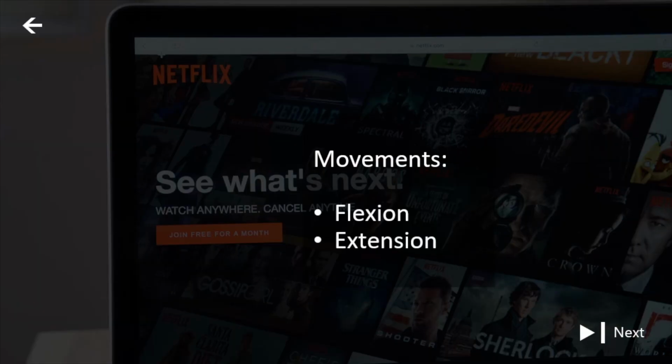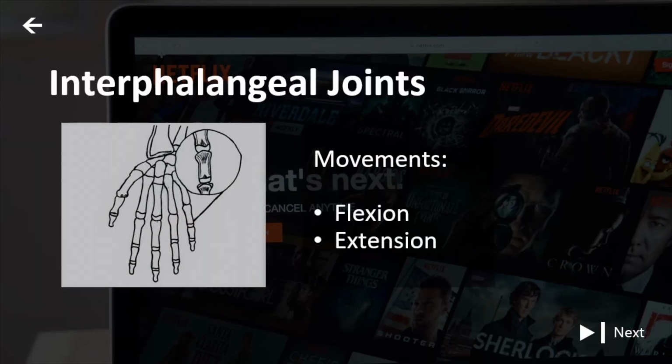There are two movements permitted in the interphalangeal joints. These are flexion and extension. These movements are more extensive between the first and second phalanges. The amount of flexion is very considerable, but extension is limited by the volar and collateral ligaments.